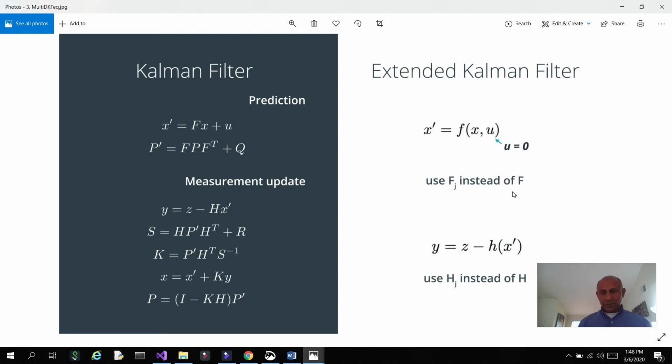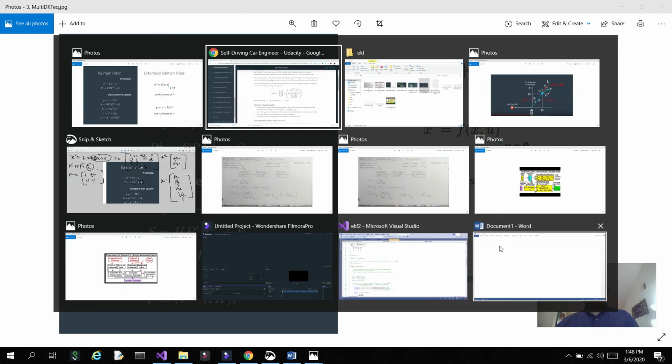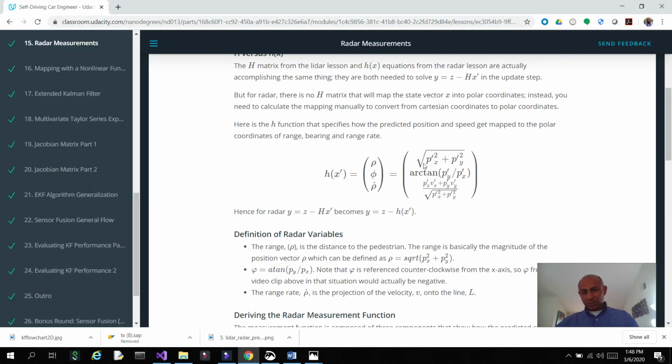So this h becomes h of x, which is nothing but the matrix that we saw here, because of rho, phi, and rho dot, the measurement in polar coordinates. All right.